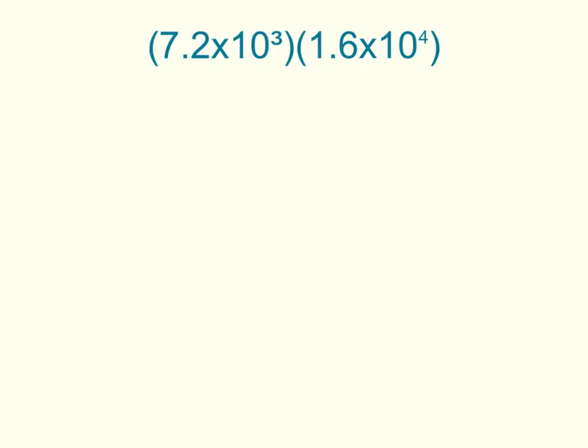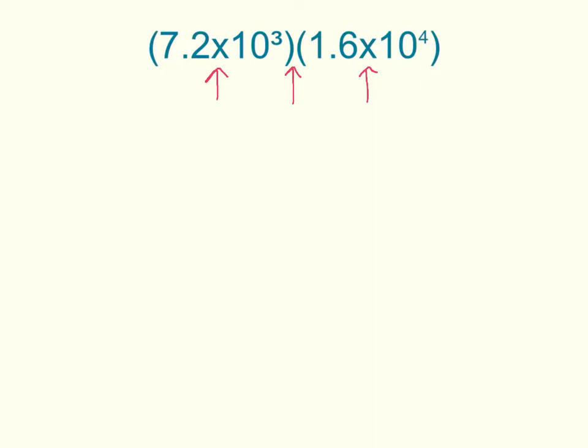So here we are multiplying two numbers in scientific notation, but really if you break this apart, we're multiplying here, we're multiplying here, and we're multiplying here. We're just multiplying all of these together, and you can multiply in any order.